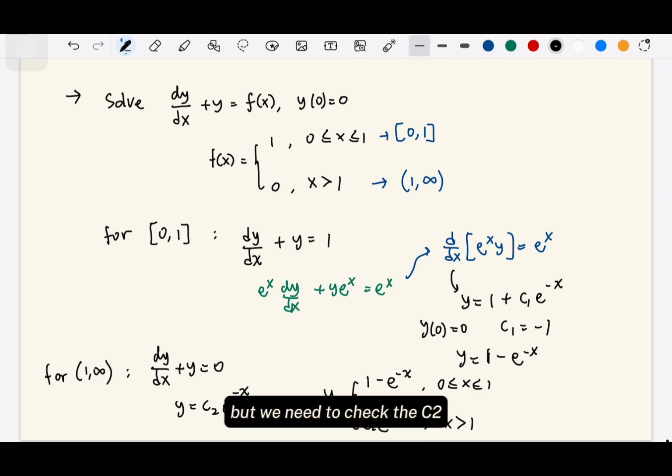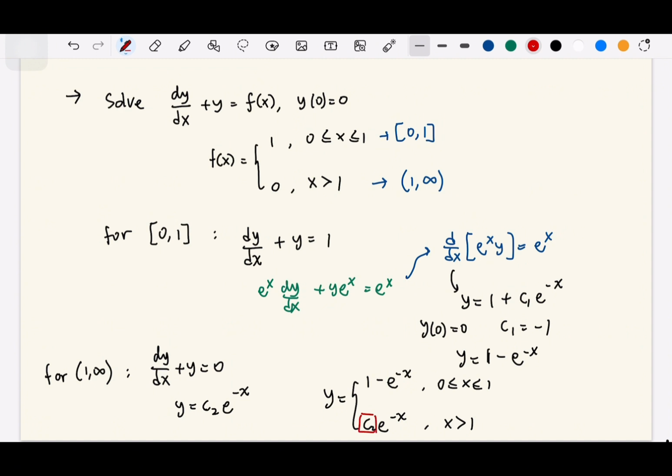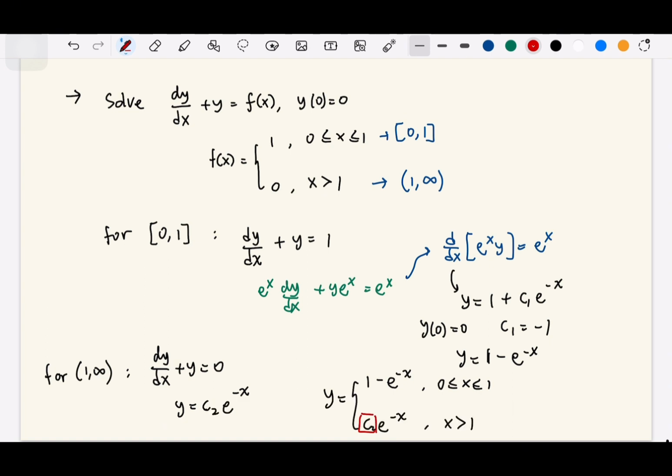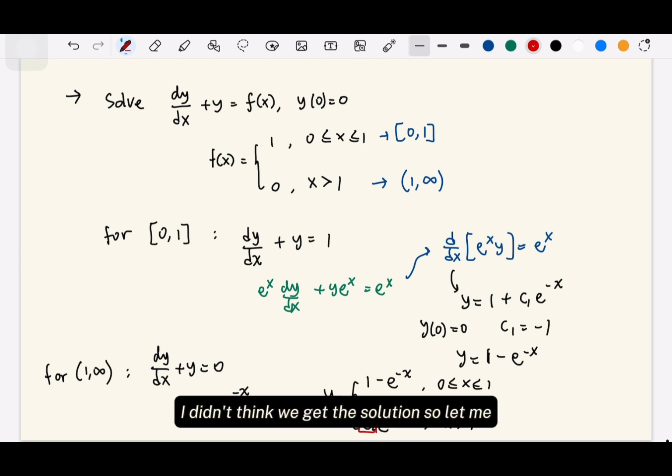But we need to check c2. Because it seems if we plug in 0, I don't think we get the solution.